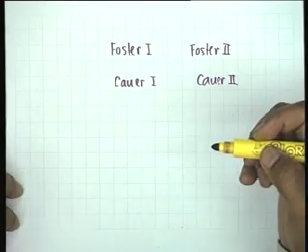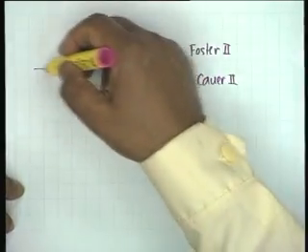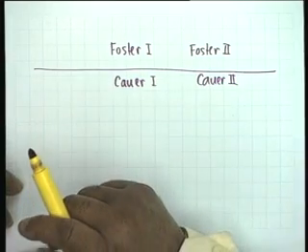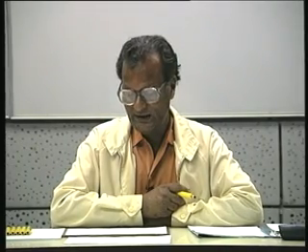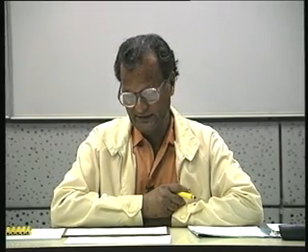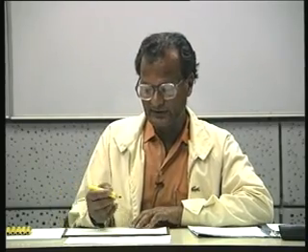As I said, Cauer 1 and Cauer 2 are quite different from Foster 1 and Foster 2. They are neither series nor parallel connections. They are in the form of ladder networks, and one arrives at these ladder forms by the following logic.